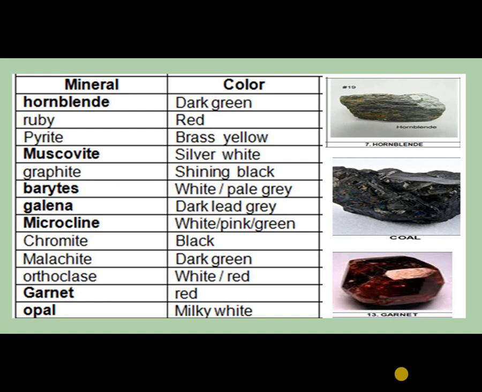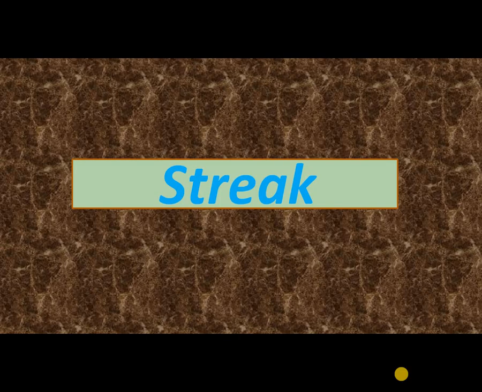And similarly, hornblende, coal, garnet also can be identified easily with their colors. See, reddish garnet, in addition to form, that means shape, can be identified very easily. Coal, its color is totally dark and black, so that it can be easily identified.